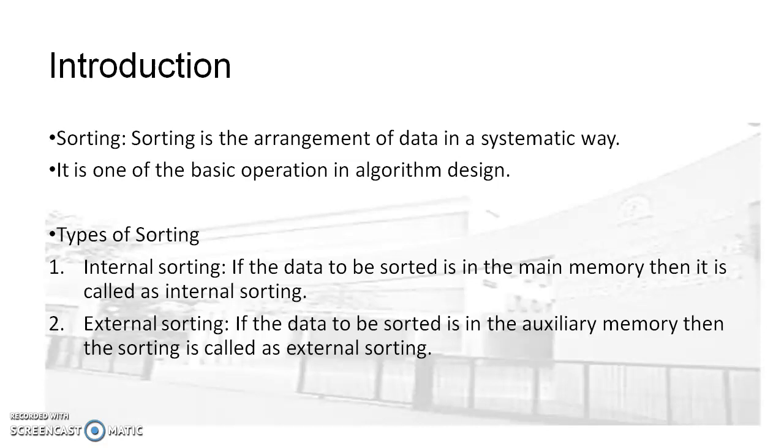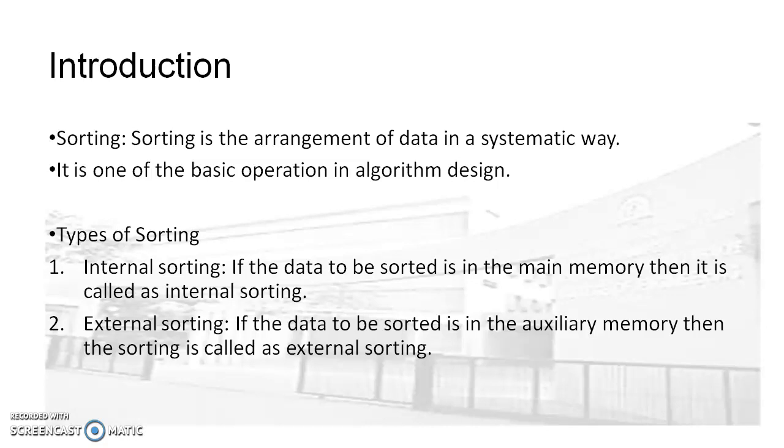There are different types of sorting, that is internal sorting and external sorting. If the data to be sorted is present in the main memory, then the sorting is called internal sorting. Whereas if the data to be sorted is present in the auxiliary memory, then the sorting technique is called external sorting.